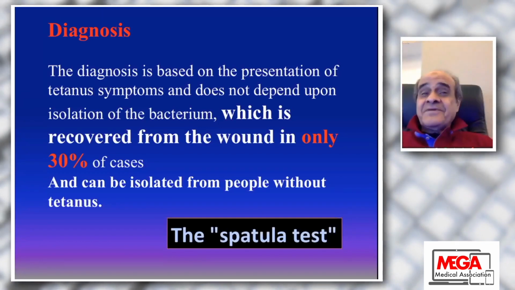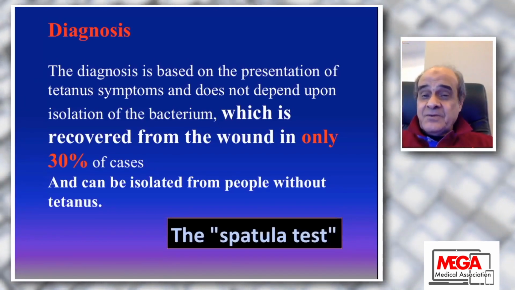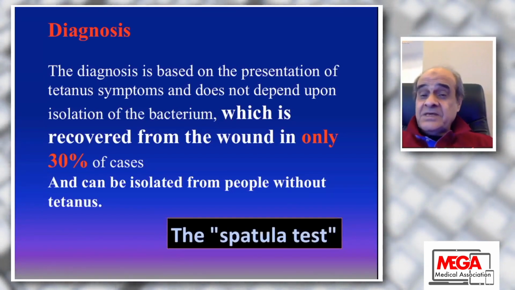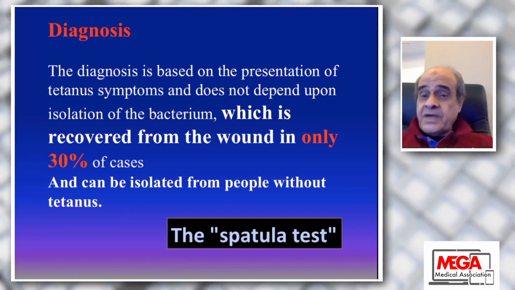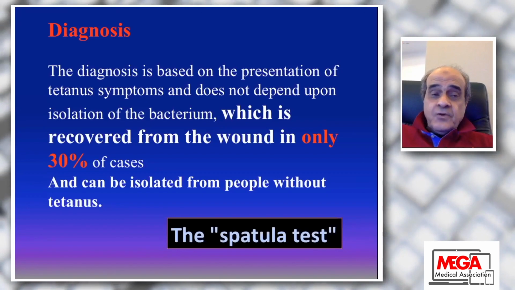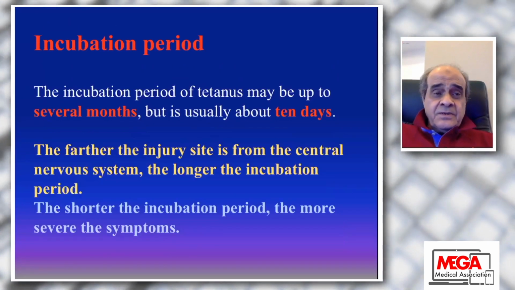Even without a spatula test, if you speak to the patient or touch him, he will start severe contraction which persists for minutes, and it is repeated contractions, not only one time.